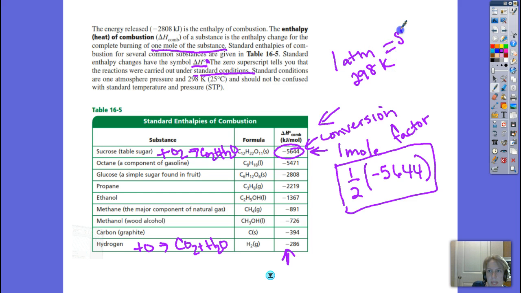So this is standard conditions. Now STP is 1 atm and 0 degrees Celsius, or 273 Kelvin. So standard conditions, you could think of as room conditions. And STP is 1 atm and 273.